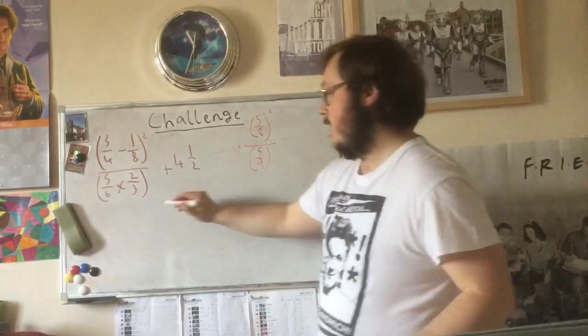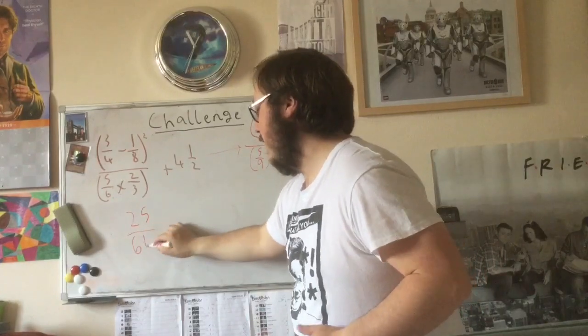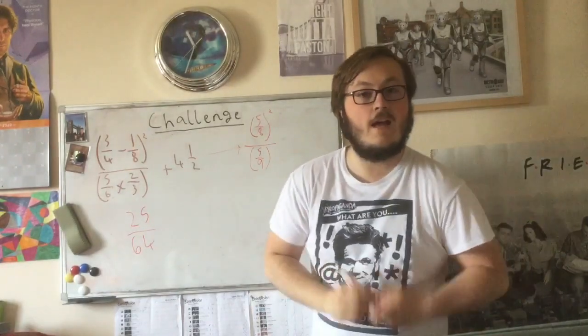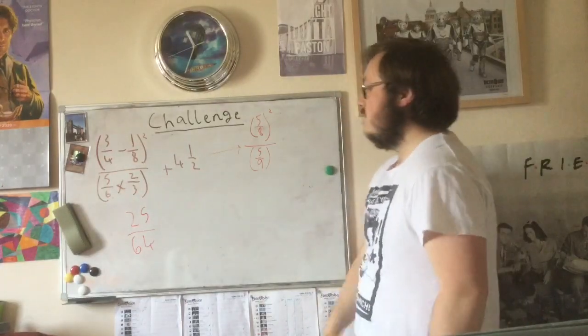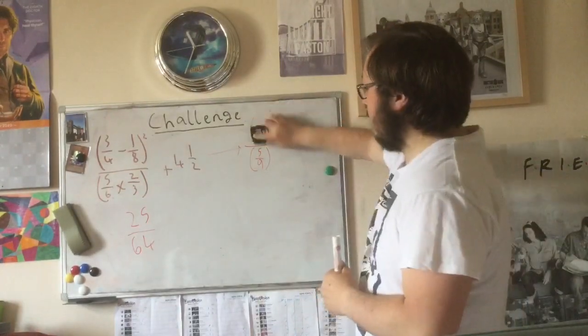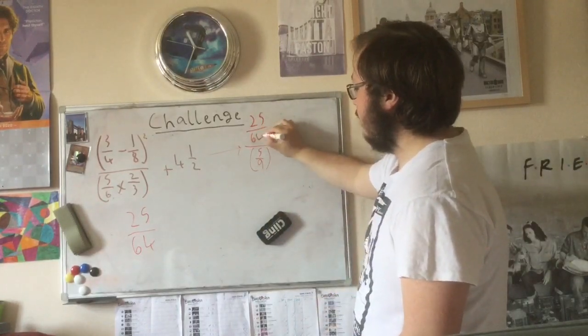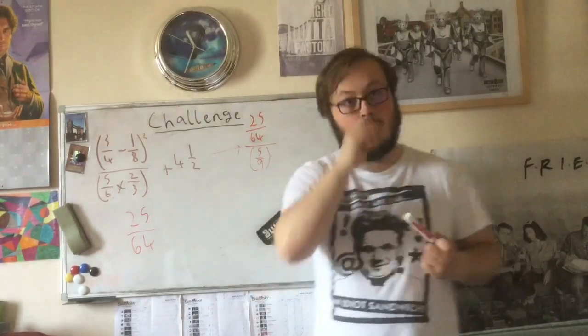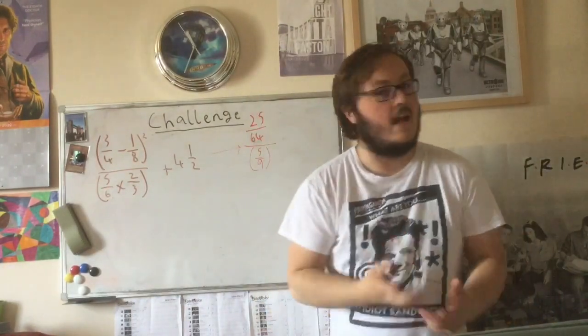So 5 squared becomes 25, and the 8 squared becomes 64. Can we simplify it? No, we can't. We could leave it like that. So 5/8, when it's squared, all becomes 25/64.